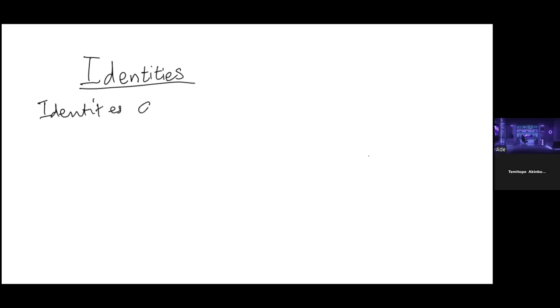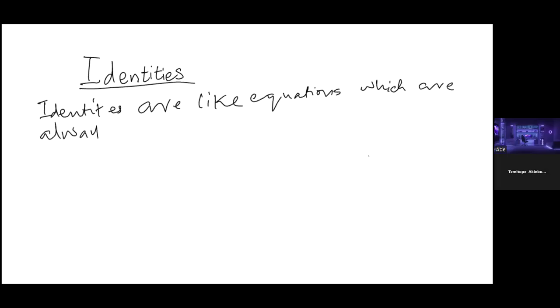So identities are like equations which are always, and that's the key word here, always true. So when something is an expression that is always true, then you call that expression an identity.